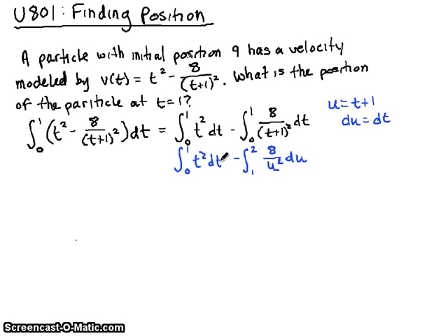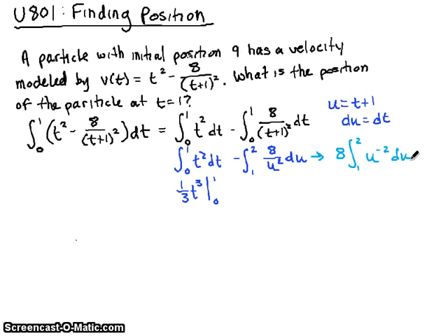So we can integrate that first part. The antiderivative of t squared is going to be 1/3 t to the third, and we want to evaluate that from 0 to 1. We can rewrite that second integral as 8 times the integral from 1 to 2 of u to the negative second du.